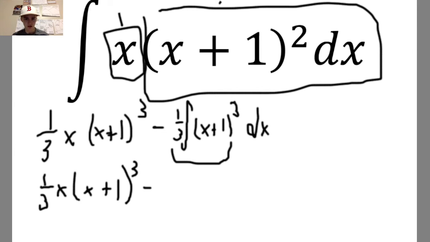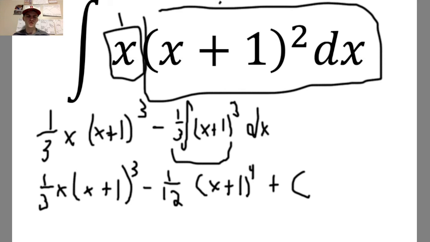Then we're going to subtract the integral of this, which turns out to be 1/4 x plus 1 to the 4th. You should know this. Hopefully you do. And we'll get 1/3 times 1/4, which is 1/12, times x plus 1 to the 4th plus c. Remember that part, or else you will probably get points knocked off.